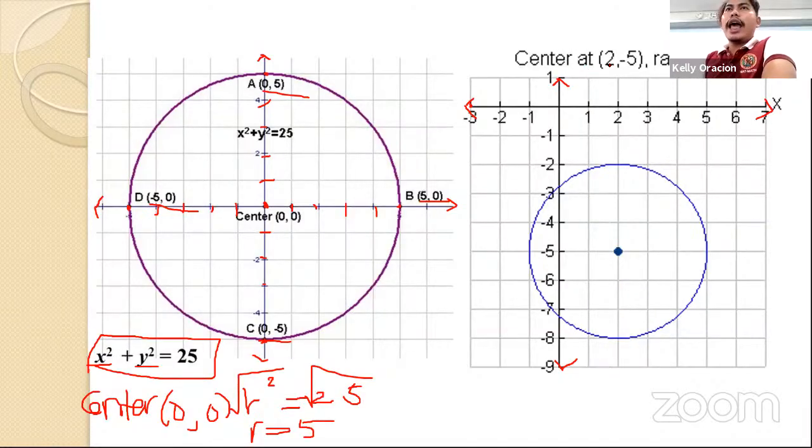Center at (2, -5). Now, I hope you can still remember how to plot points. Okay? How do you plot points in a Cartesian plane? That lesson, the plotting of points, was introduced by your teacher when you were in grade 8.